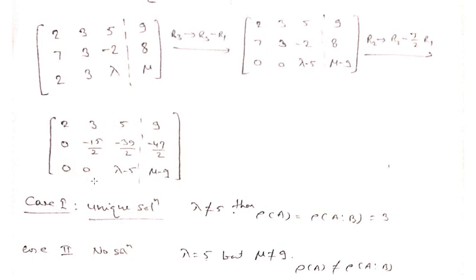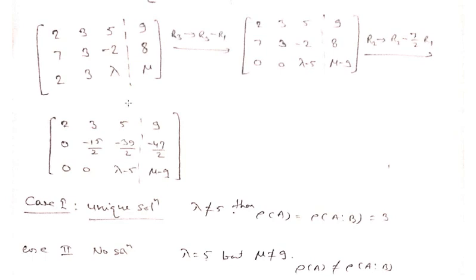So the rank of the coefficient matrix and the rank of the augmented matrix should both be equal to 3. The rank of the coefficient matrix is 3 if lambda is not equal to 5. So the condition based on lambda is, for a unique solution, lambda should not equal 5.